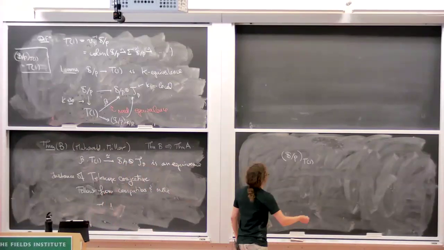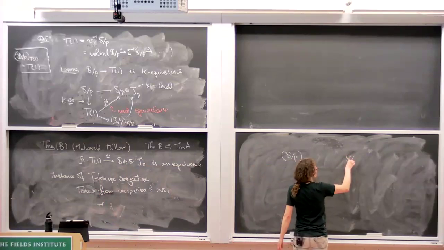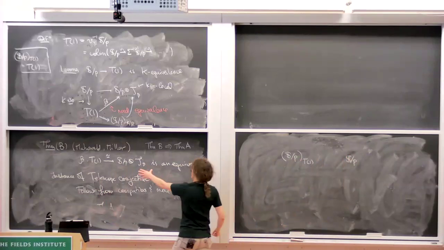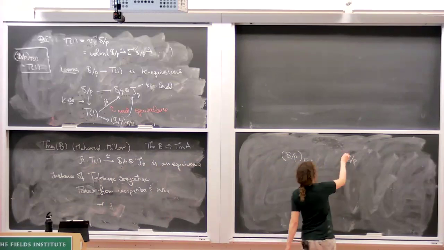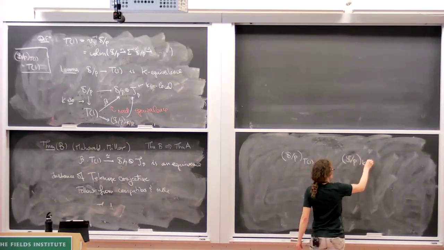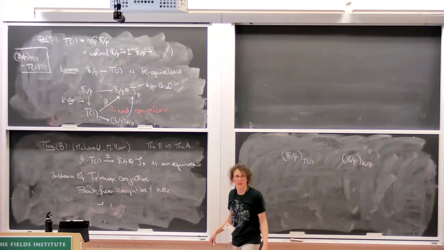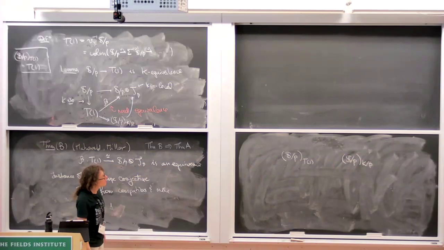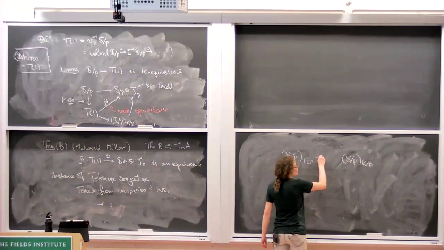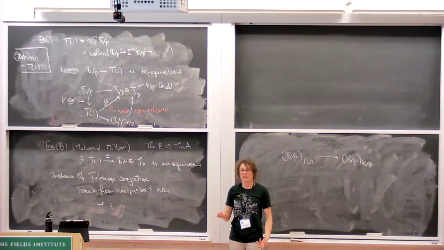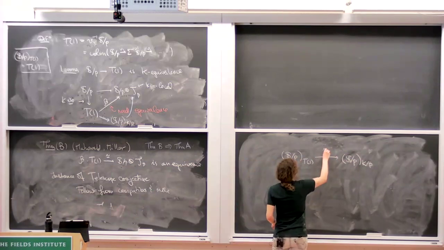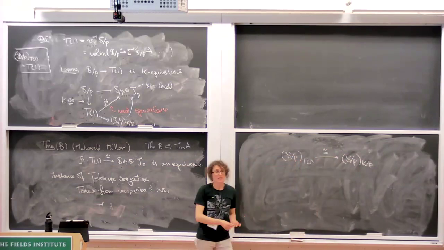So over here, this term is actually K mod P. This is the K mod P localization of S mod P, and we constructed a map that wasn't hard, and then there was a theorem that this was an equivalence.